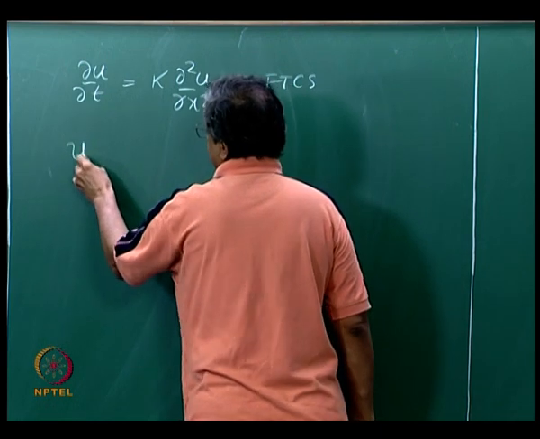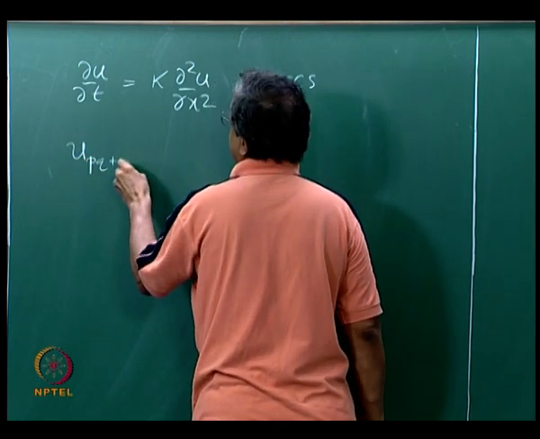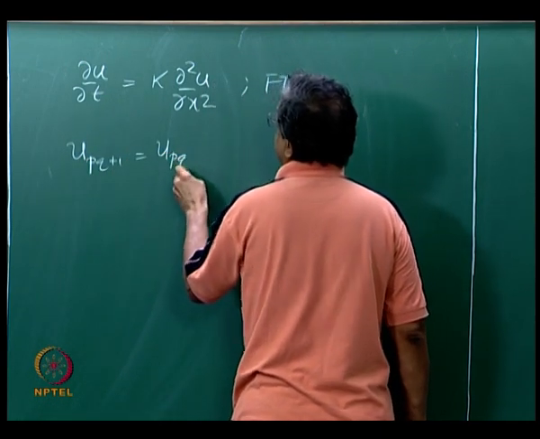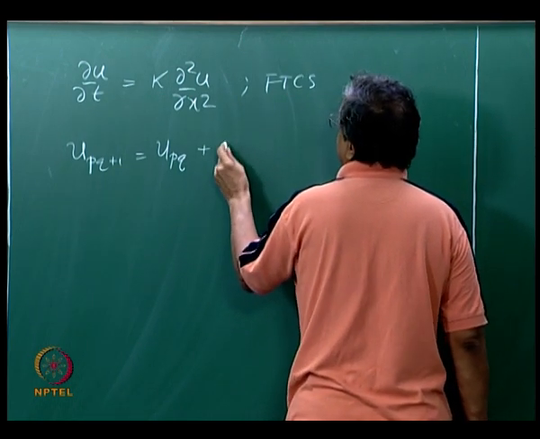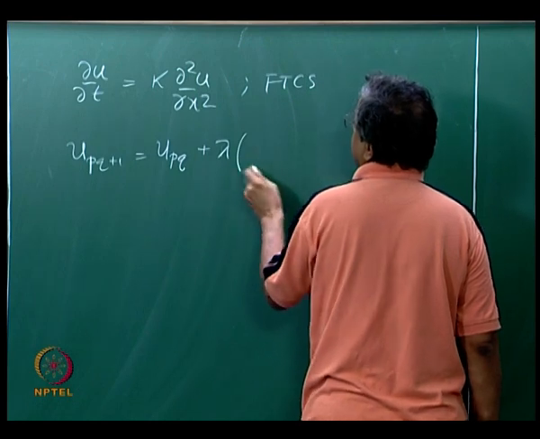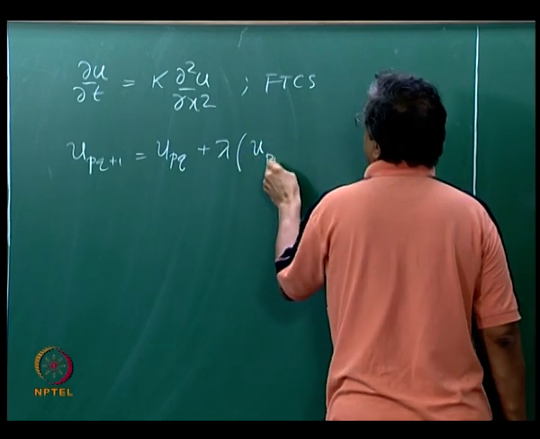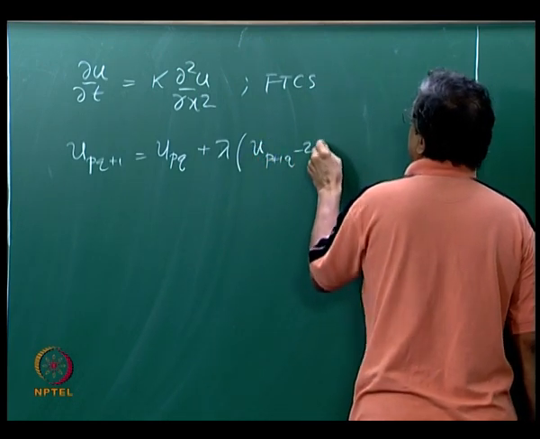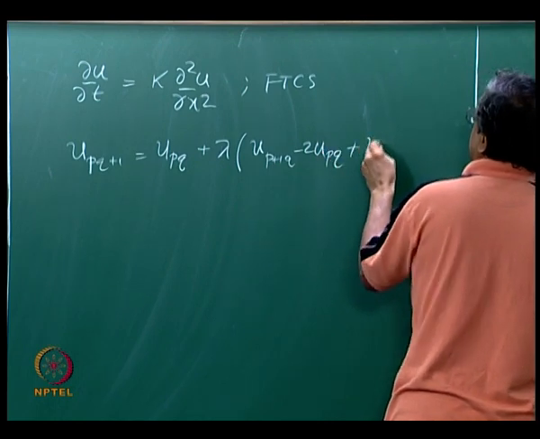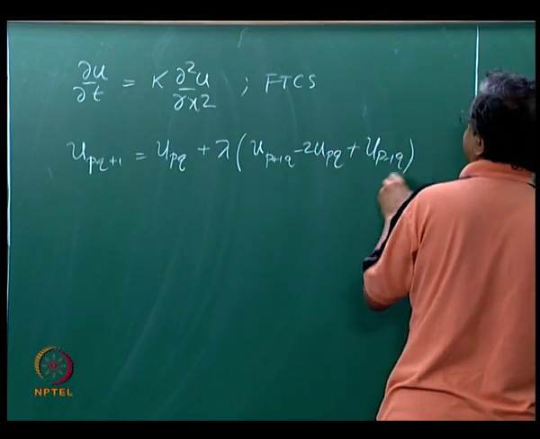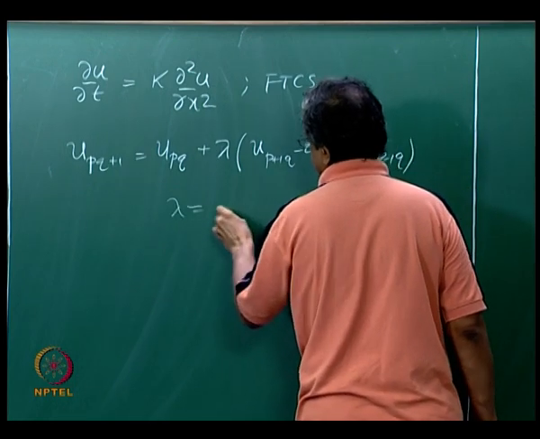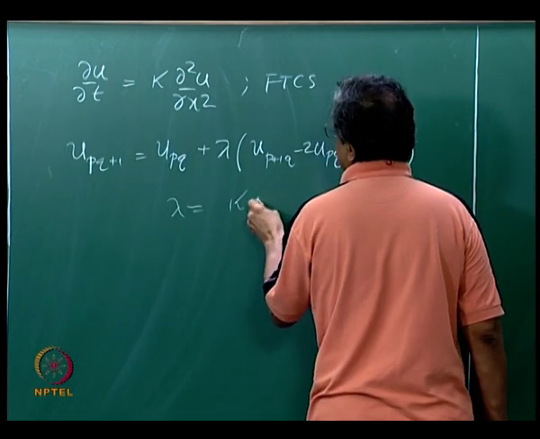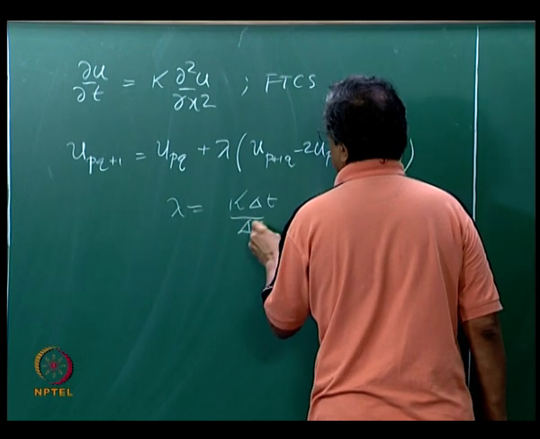So FTCS applied to this is U_p^(q+1) is U_p^q plus lambda times (U_(p+1)^q minus 2 U_p^q plus U_(p-1)^q), where lambda is kappa delta T by delta x squared.